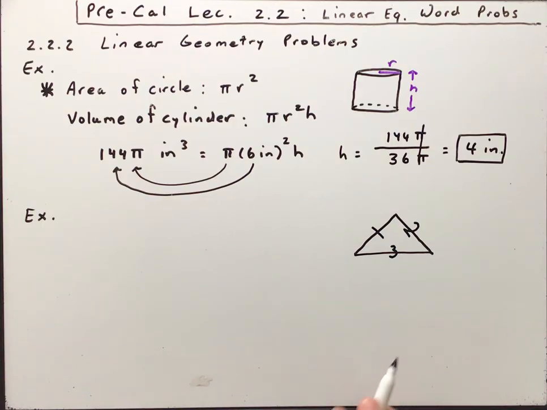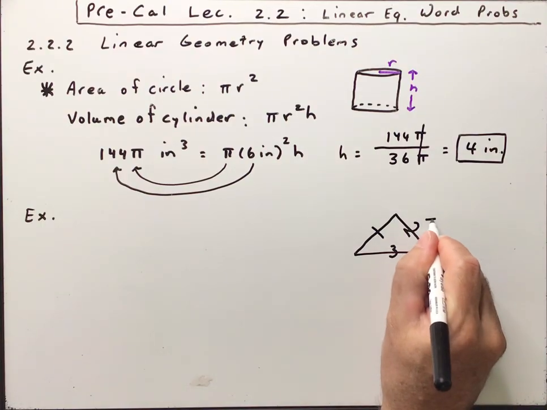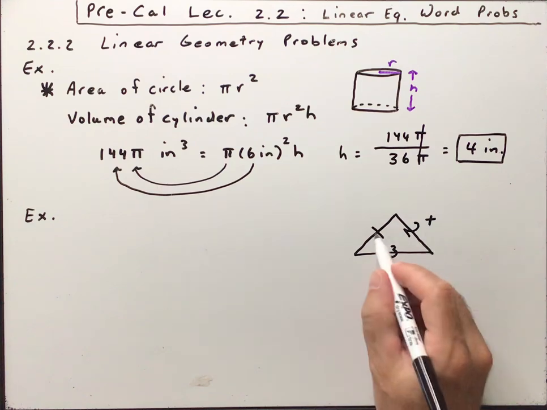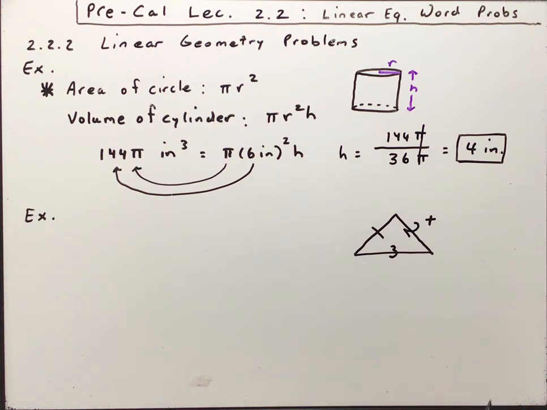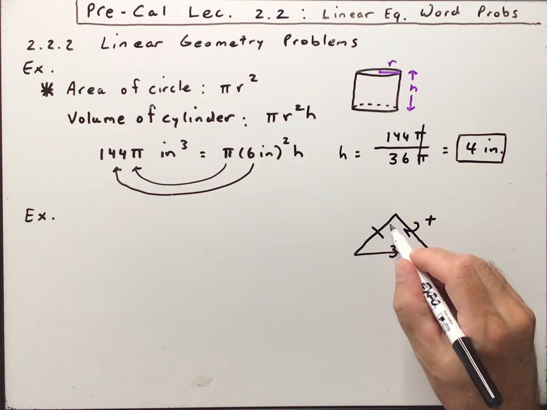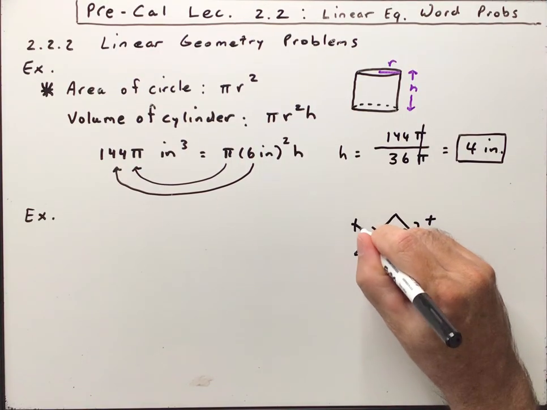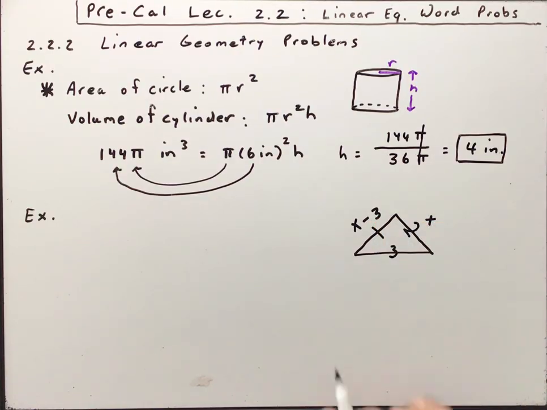Don't really have anything about the second side, so I'm just going to call the second side x. Okay, so it says the first side is 3 centimeters shorter than the second side. Well, tell me in your head, because you can't talk to me, what could we write in terms of x, the first side? Well, it would be x minus 3.